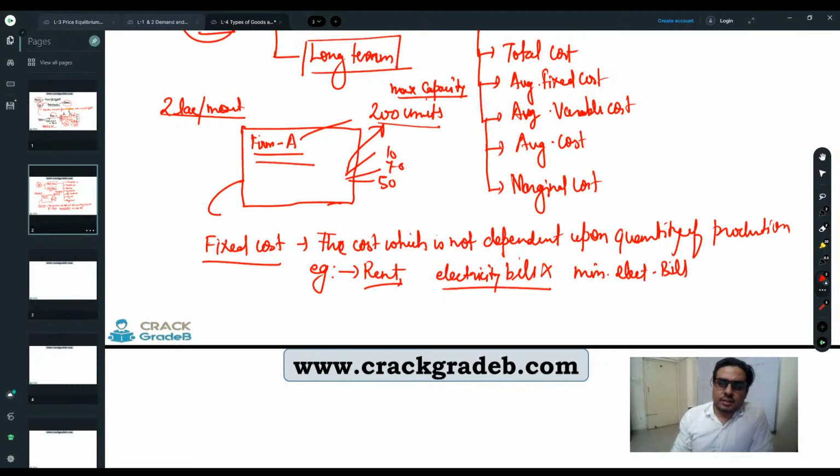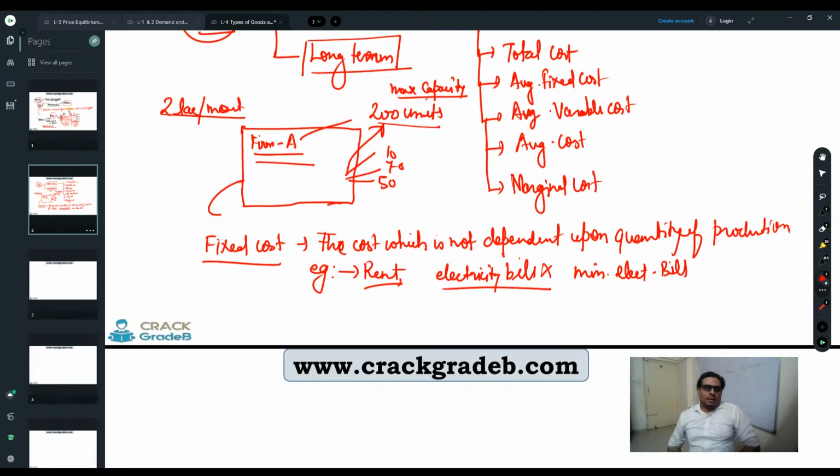The same goes for the minimum electricity bill, minimum water bill or minimum mobile phone bill, for example the plan charges in postpaid. Even if your phone was completely switched off for 1 month, you have to pay the bill. So that minimum bill always comes under the category of fixed cost.